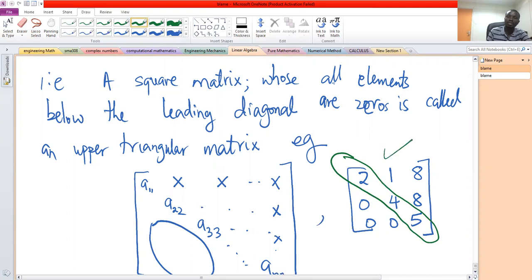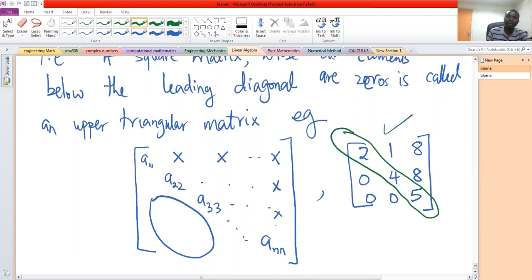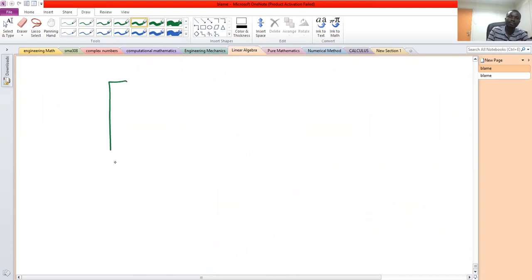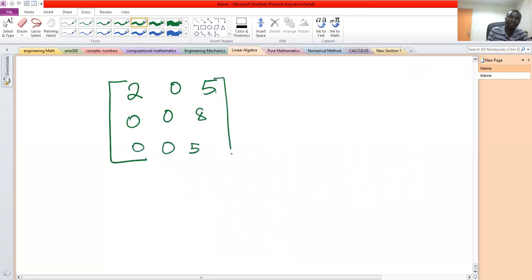Or we say 2, 0, 5, 0, 0, 8, 5, 0, 0. This is still upper triangular because all the elements below the main diagonal are zeros. So that's really what matters: all the elements below the main diagonal must be zero.